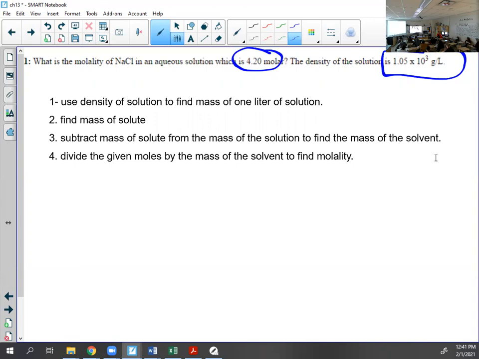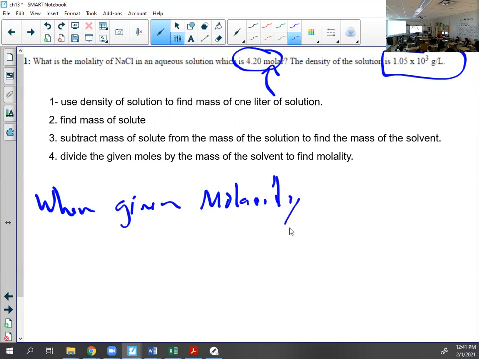Okay, so these are the 4 steps you should do. When you have molar, so when given molarity, now I know it doesn't say molarity, but it says molar. Molar and molarity are the same thing. And then it gives you density.